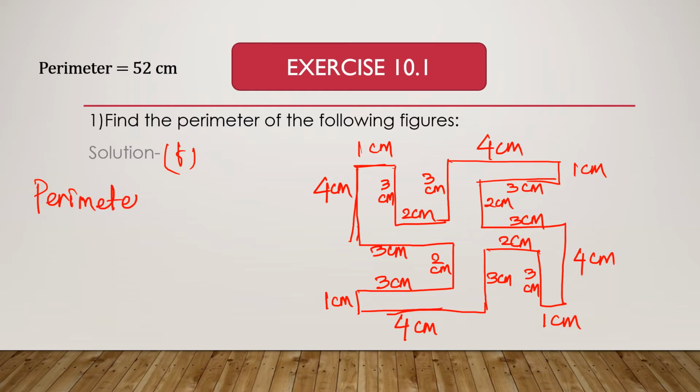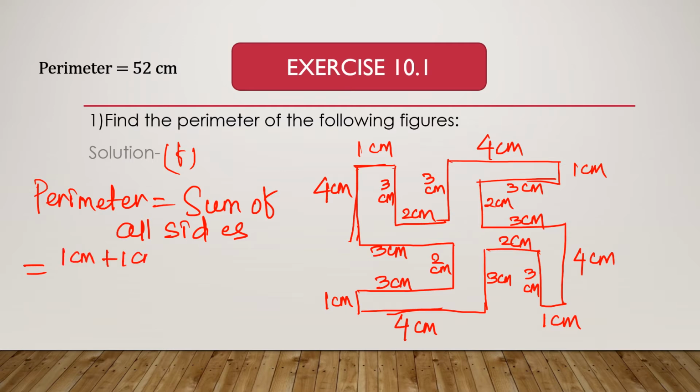So perimeter is the sum of all sides of the given figure. We have to add all the sides. 1 centimeter plus 1 centimeter plus 1 centimeter plus 1 centimeter.